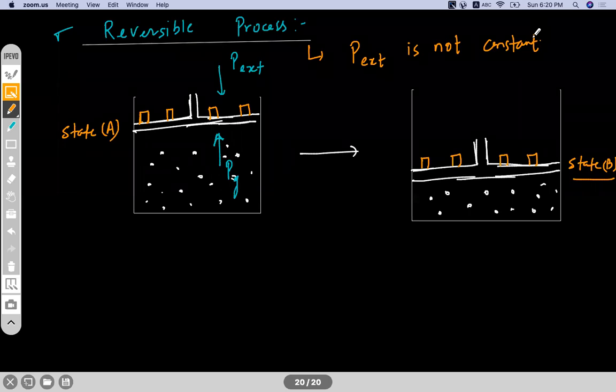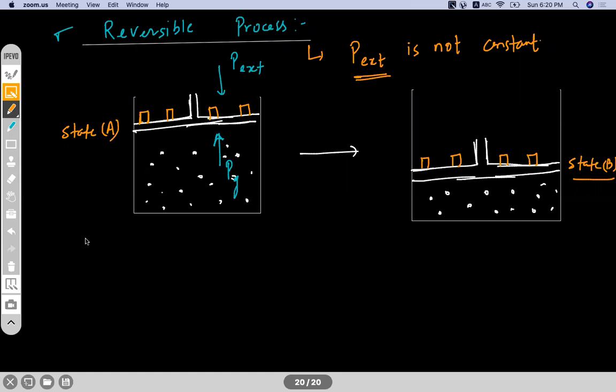Understood? Right. And now I can see Pranav. It was not there. Anyways, so this is not constant. Very important information which we'll use in derivation also. Right? We'll see that derivation, how we do it and how we use this information.